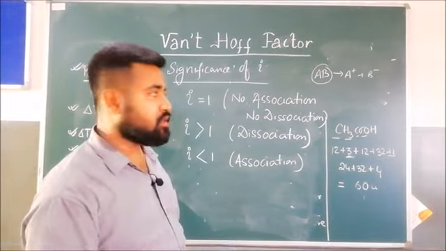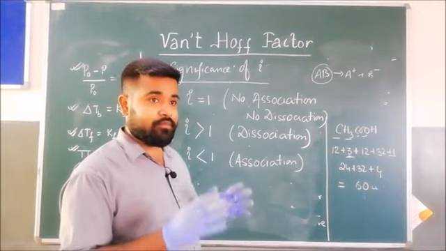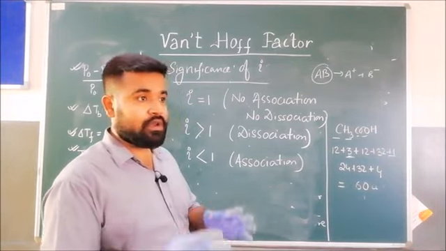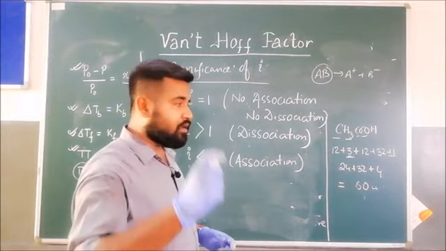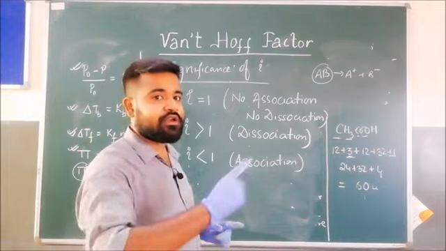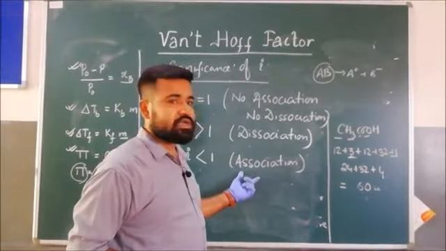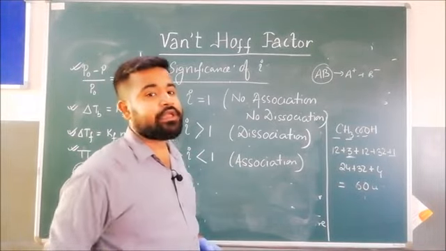If you are facing confusion in observed by calculated or normal by abnormal, there is a trick: in case of dissociation, the numerator has the greater value, and in case of association, the numerator has a smaller value than the denominator.